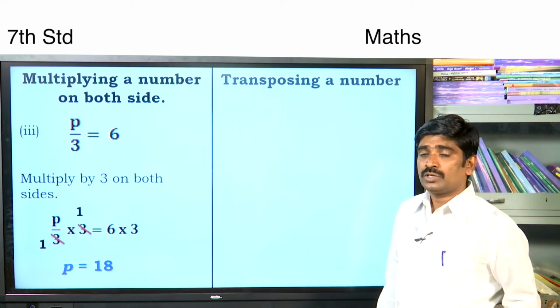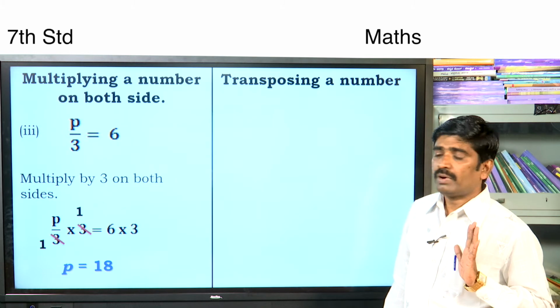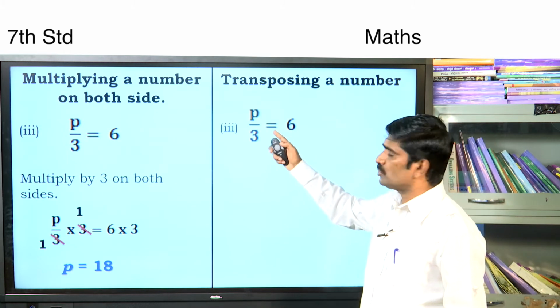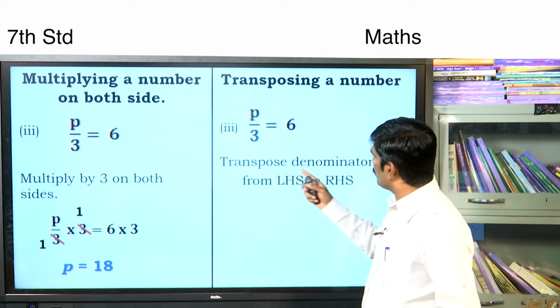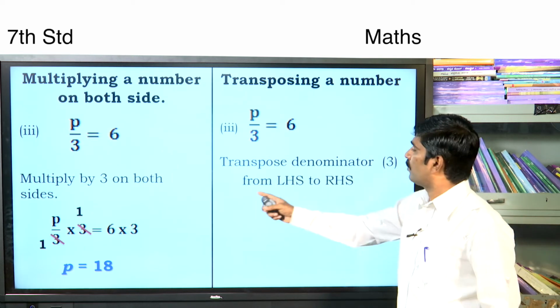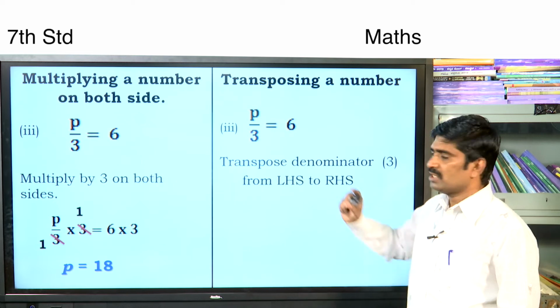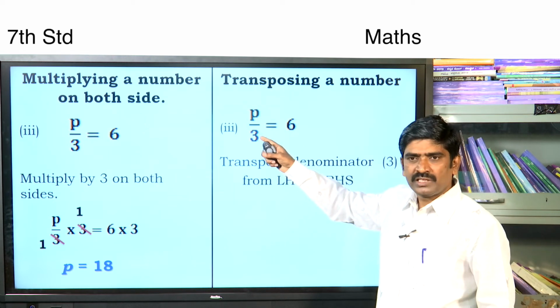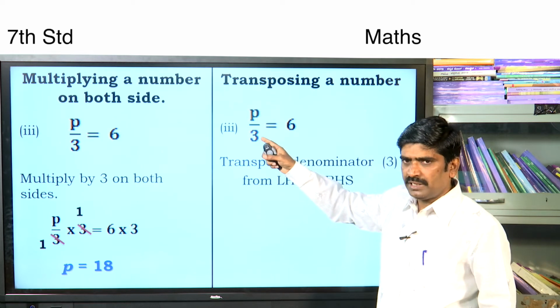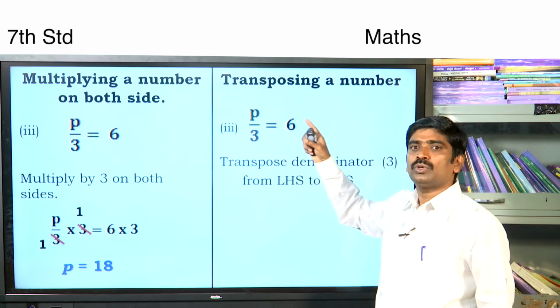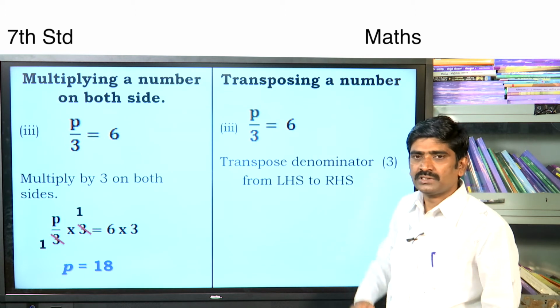Then transposing a number. What happens? p by 3 is equal to 6. When transposing denominator 3 from LHS to RHS, 3 is dividing, that is the denominator. The denominator comes to RHS. What happens?